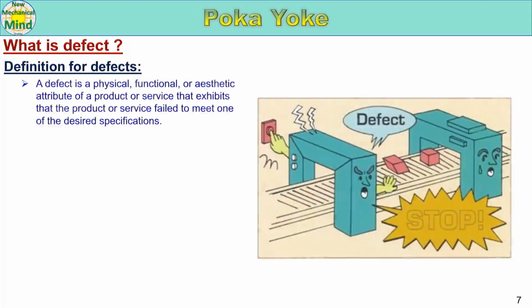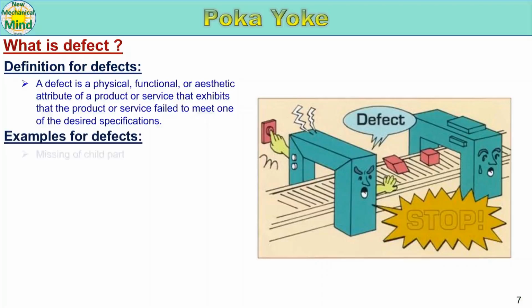What is a defect? When we are going to see about Pokayoke, we must know about the defect. Definition of defects. A defect is a physical, functional or aesthetic attribute of a product or service that shows that the product or service failed to meet one of the desired specifications.